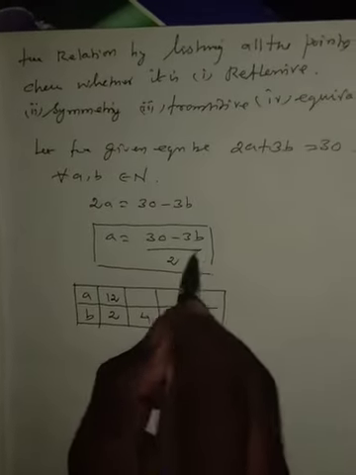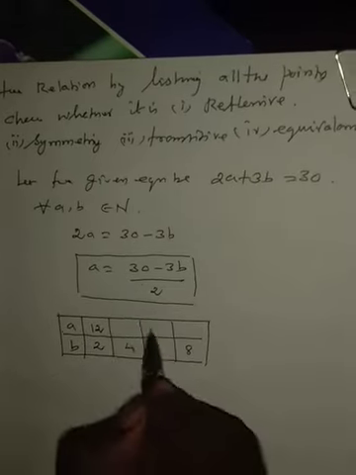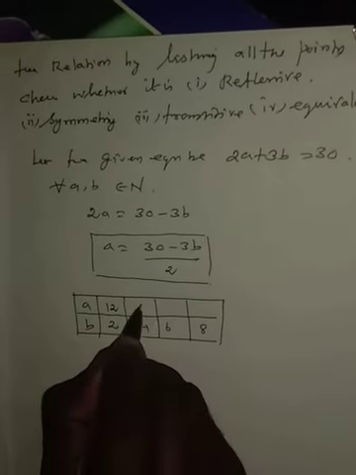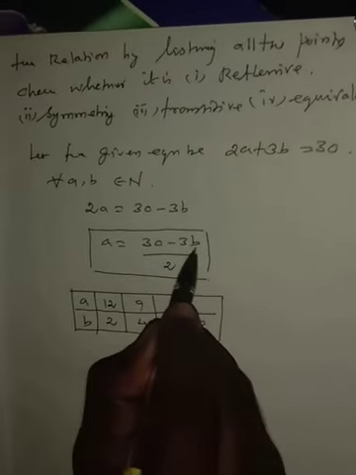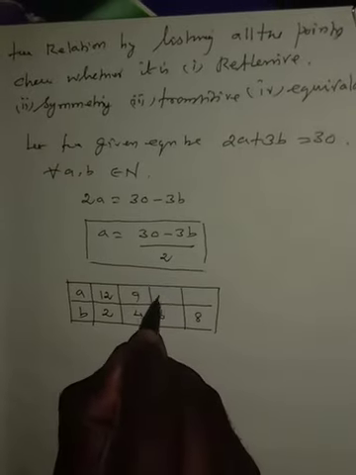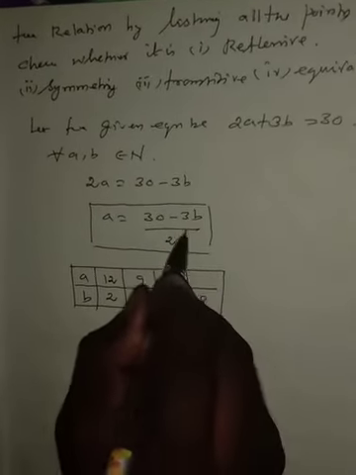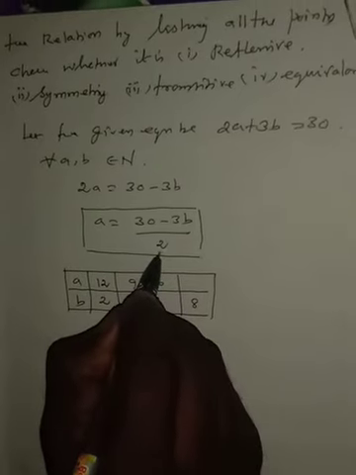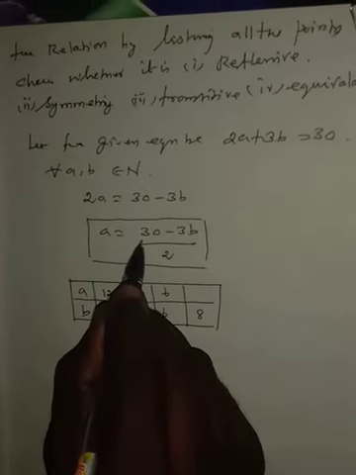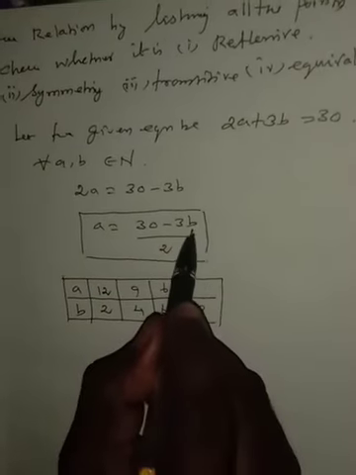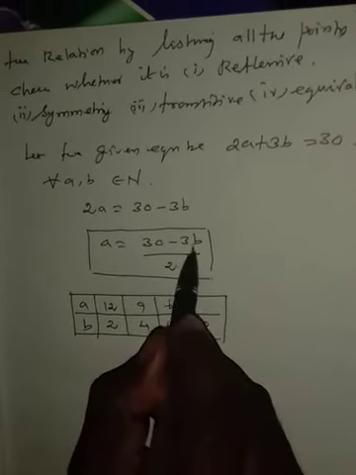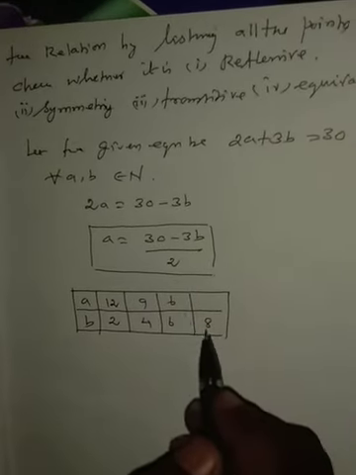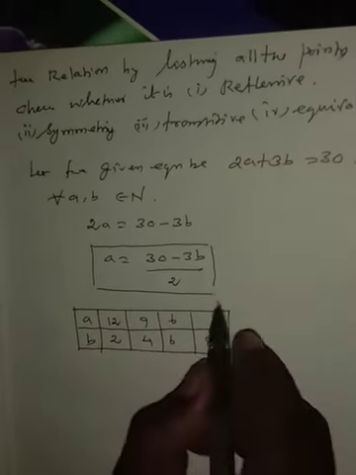Substitute 4: 12, 18. 18 divided by 2 is 9. Substitute 6 in B, 18. So 30 minus 18 is 12. 12 divided by 2 is 6. Next apply 8, 24. 30 minus 24 is 6. 6 divided by 2 is 3.